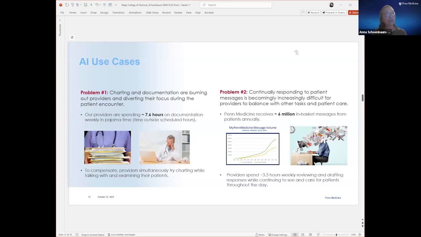We have another problem where we have a load of in-basket messages. Our data shows that we have 6 million in-basket messages from patients annually. That is a lot to comprehend. And so there's a lot of hours spent on rerouting and responding to in-basket messages.